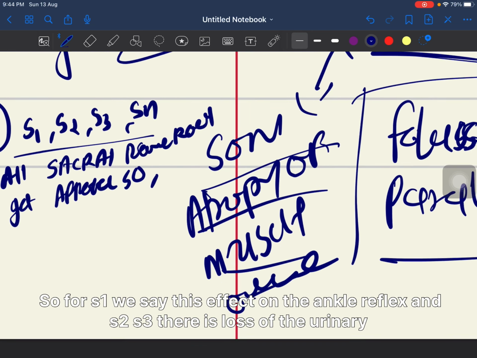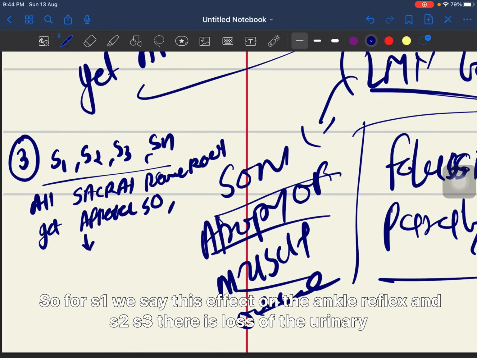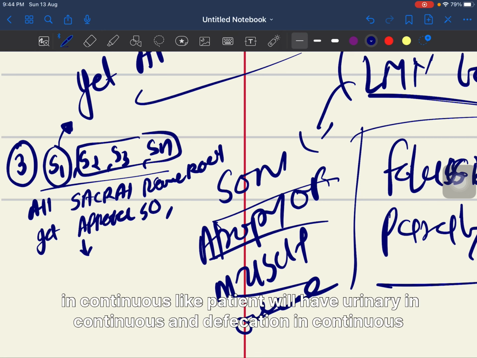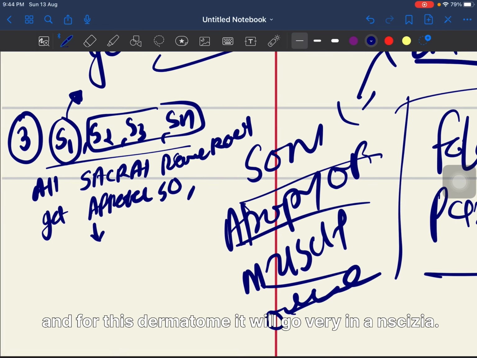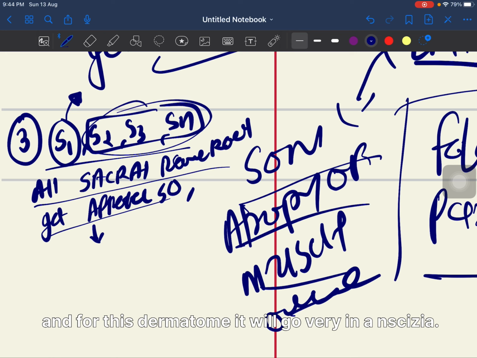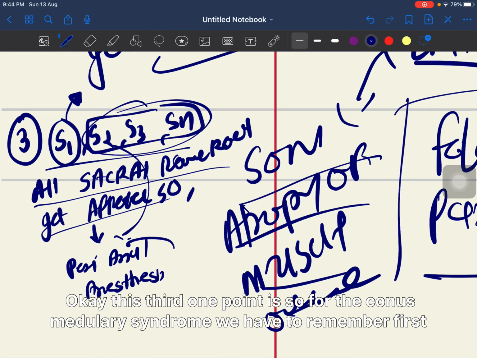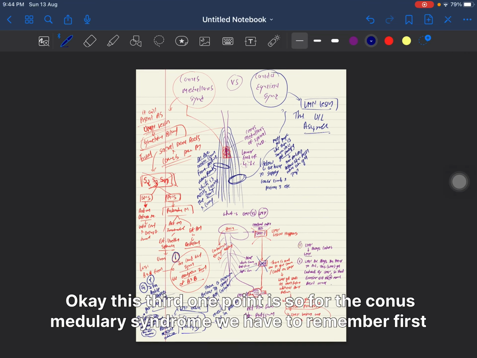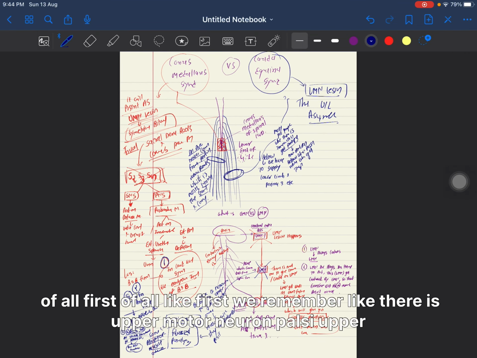So for S1 we say there is an effect on the ankle reflex, and for S2, S3 there is loss of urinary control, like the patient will have urinary incontinence and defecation incontinence, and this dermatome will cause perianal anesthesia.